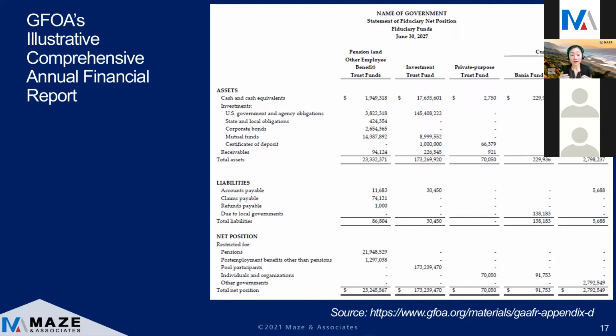The requirement is that if you have that situation, you need to break them out from the rest of the custodial funds. So this is supposed to be a summary fiduciary fund statement of net position that appears before the footnotes, and even at the summary level, this has to be separated. Okay.